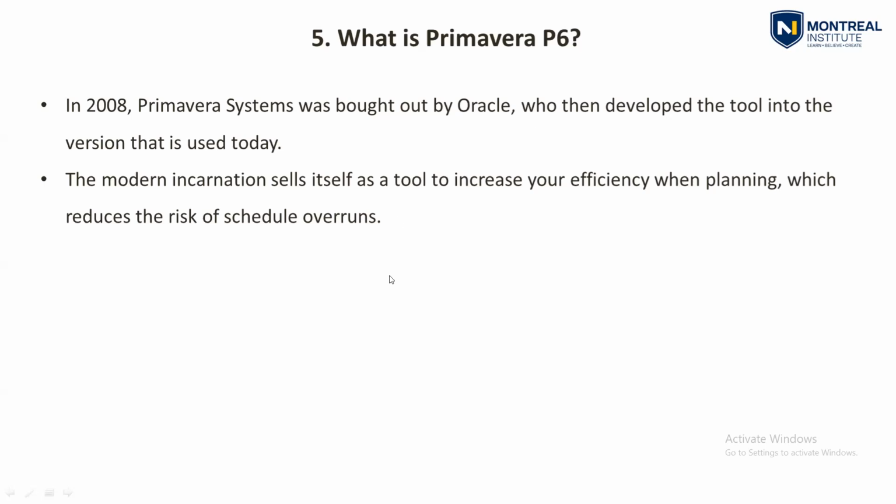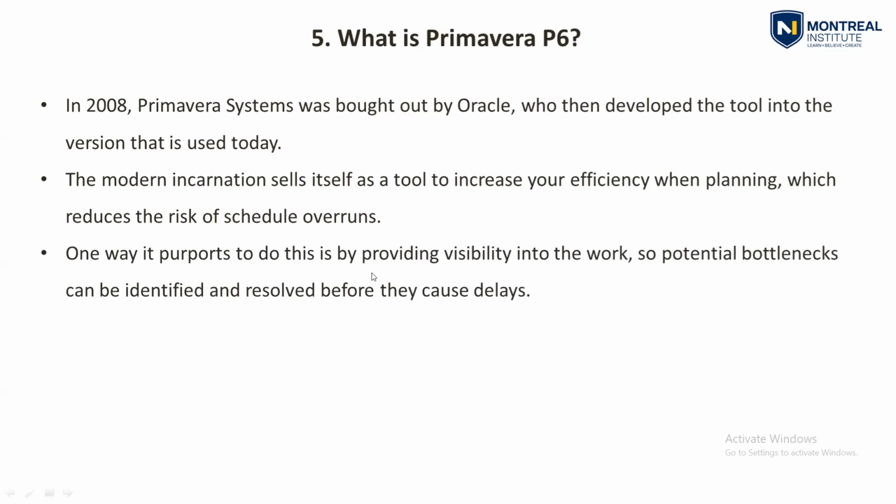Moving on, one way it purports to do this is by providing visibility into the work. Potential bottlenecks can be identified and resolved before they cause delays. You will have options to filter the 2 weeks look ahead program. In the 2 weeks look ahead program, you can see which activities are delaying the program, so you can concentrate on those activities to mitigate the delays.